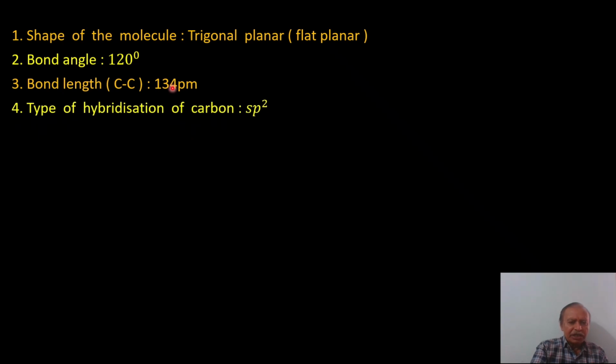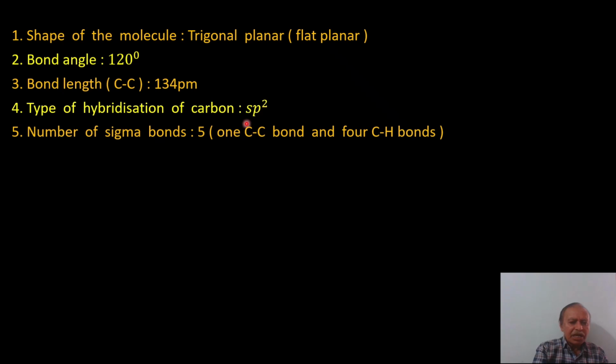Then, you know that each carbon atom in ethene is sp2 hybridized. So the type of hybridization of carbon is sp2, and the total number of sigma bonds is equal to 5. One sigma bond between carbon and carbon, and 4 sigma bonds between carbon and hydrogen atoms.